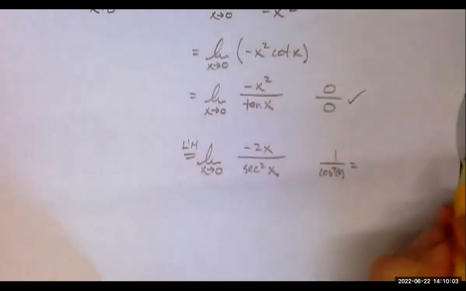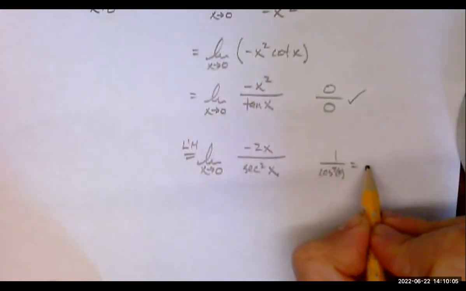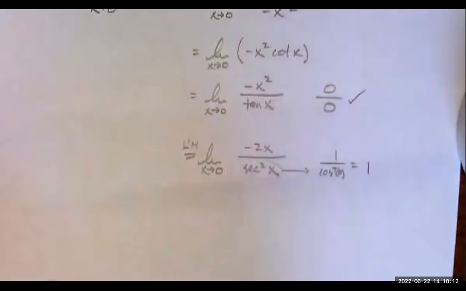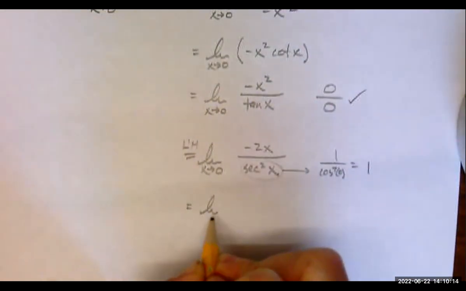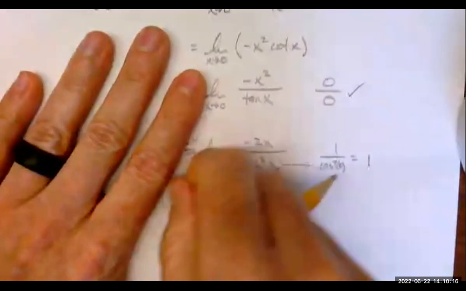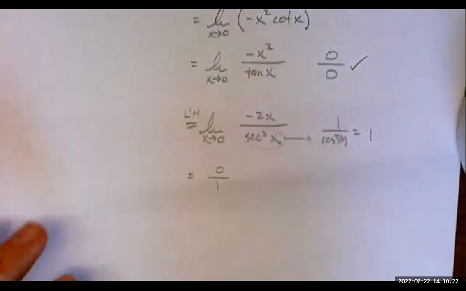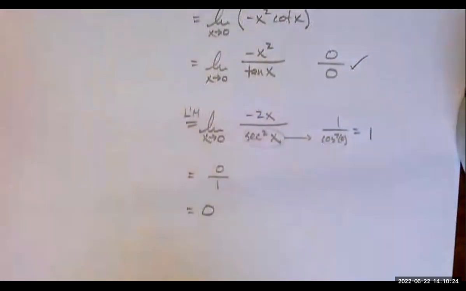One over cosine squared of 0 would equal 1. So this whole denominator is 1. So when we plug in 0, we'd get 0 over 1. And so the answer to our limit is 0.